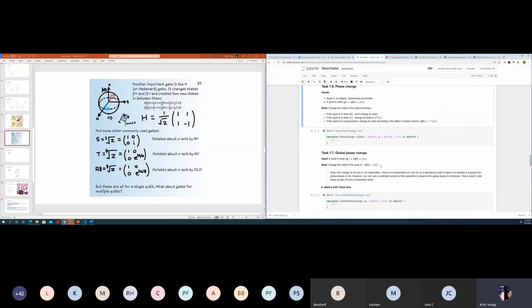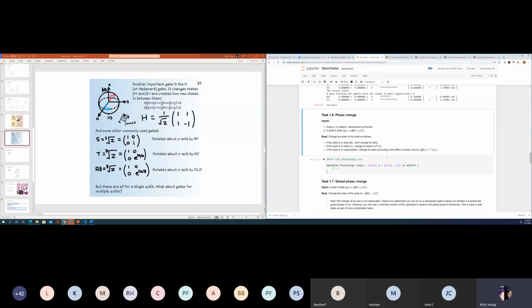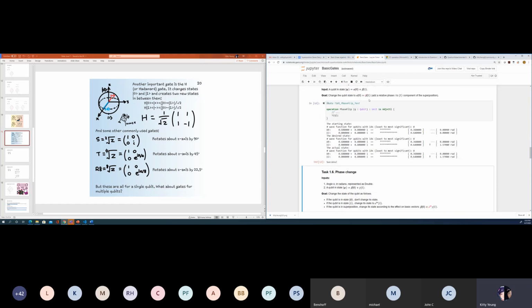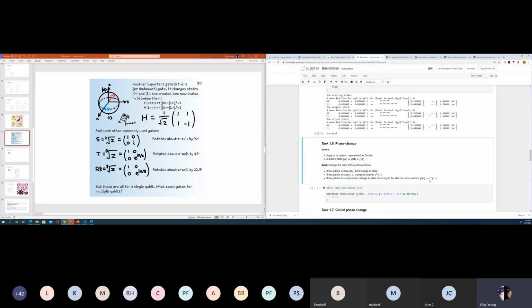Okay, we're almost done with the single qubit gates. Task 1.6 is asking you to get a phase that is a complex number. So it's very similar to this one here, but it wants you to make it a more general amplitude.